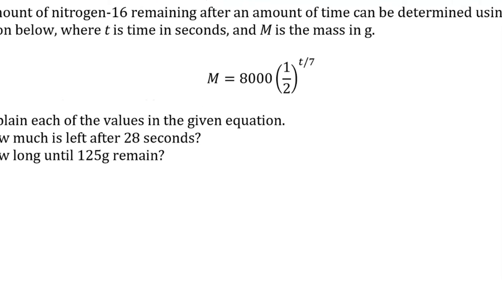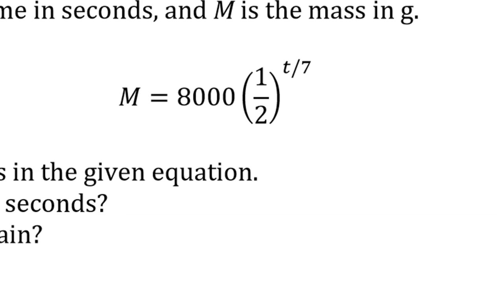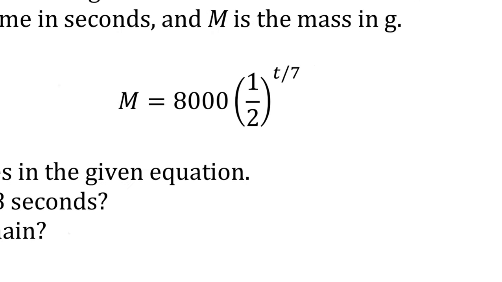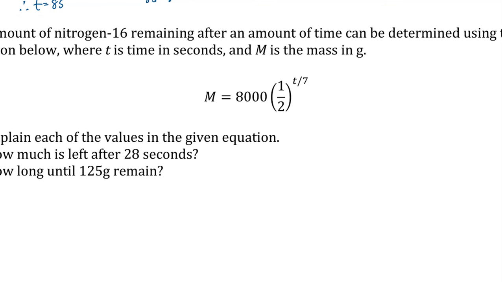Notice that my multiplier is a fraction. It's smaller than 1. Our first example was 2. The next was 1.08. This is 0.5. So this is decay. This is getting smaller every time. And that is how radioactive material behaves in the real world. It's called half-life.